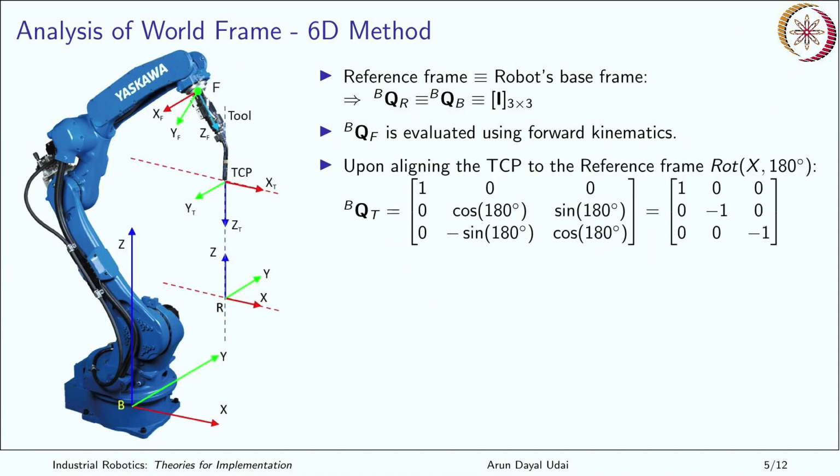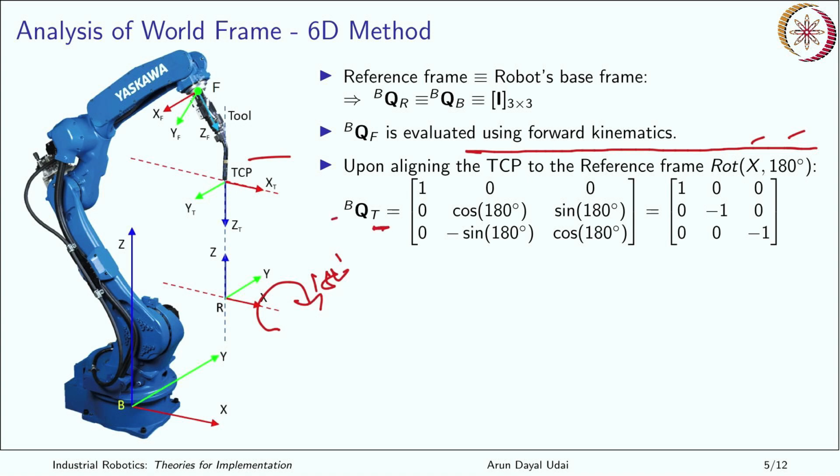Okay, done. Next, upon aligning the TCP to the reference frame, what you saw is effectively a rotation about the x-axis by 180 degrees. So now how is your TCP oriented?